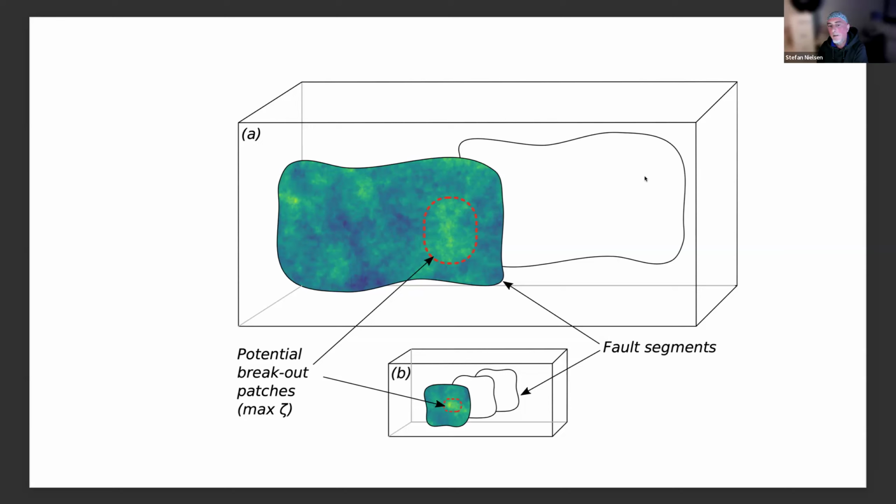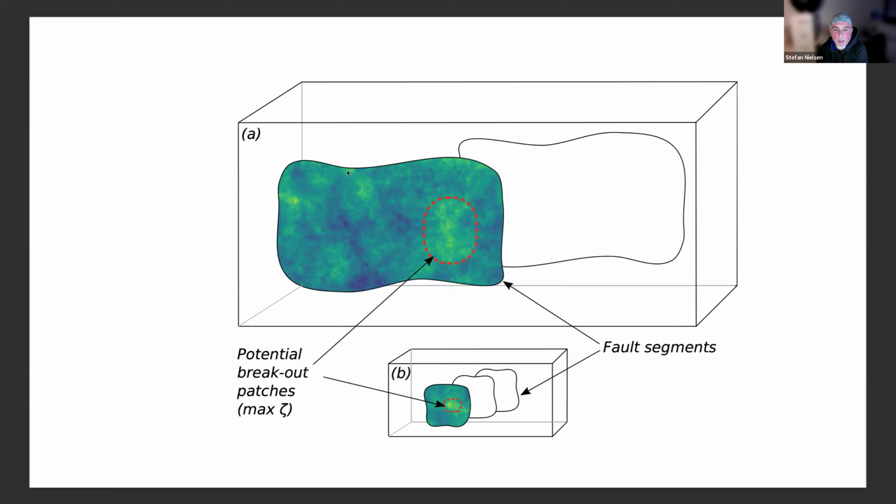So you get relatively smoother and bigger segments, whereas small earthquakes happen on faults which are more segmented and constituted by smaller segments. Therefore, the potential breakout patches will be larger on average on large fault segments than on small fault segments.